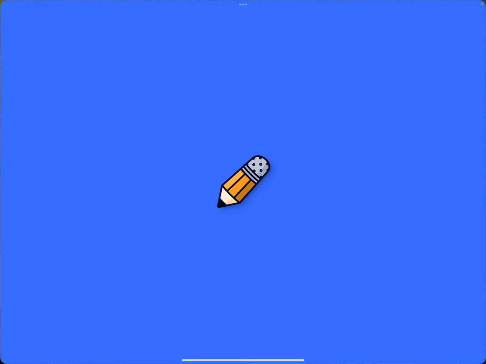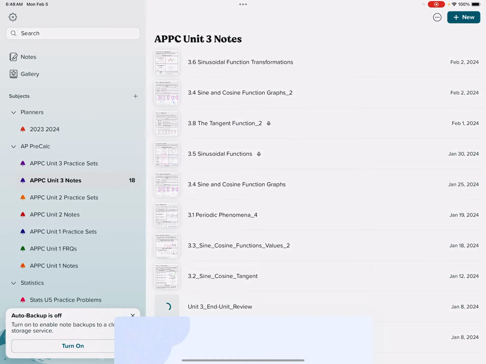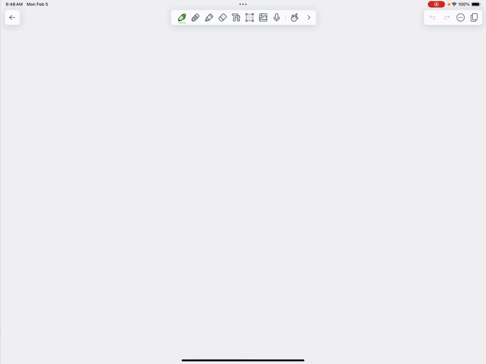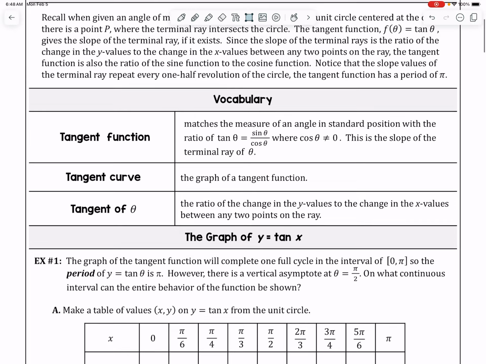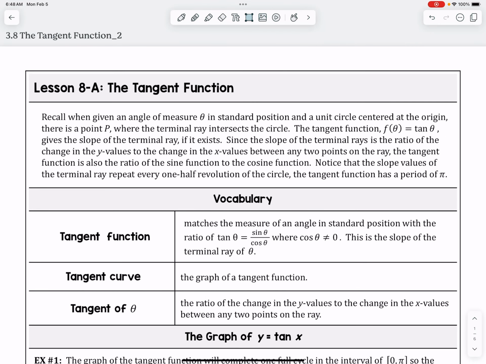All right, we're going to start lesson 8A, the tangent function. So we will finally be graphing tangent. We're going to start off just like we did with sine and cosine, talking about the definition of tangent.